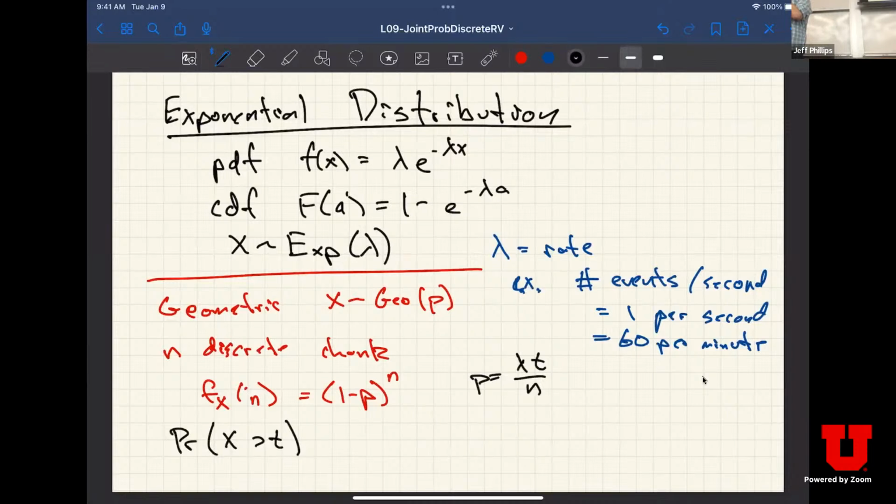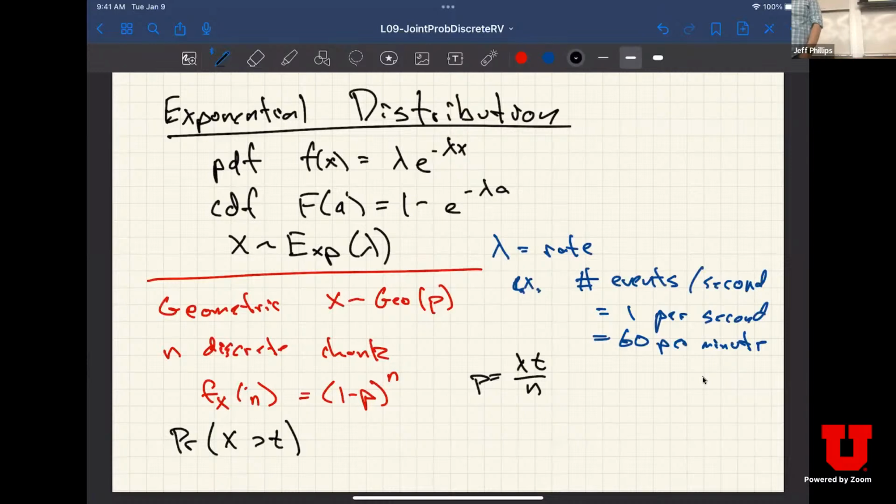What I can say is if I set p equal to gamma t over n, that's saying that this event is happening at an expected rate of like 1 time per second, but there are t of those seconds. That's the probability of it happening in each of the seconds.